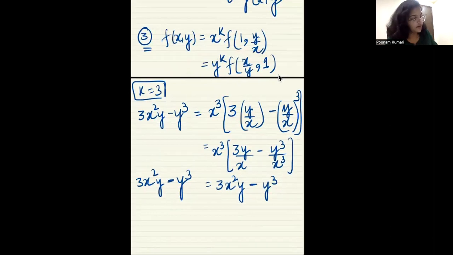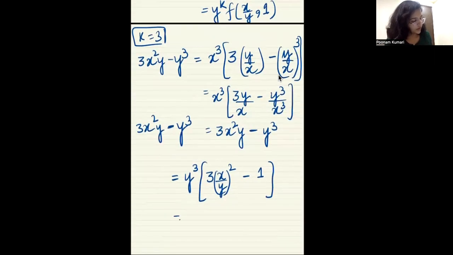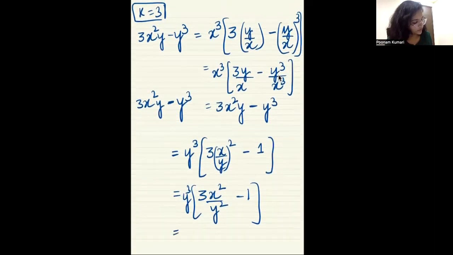This should also be equal to y raised to the power 3, and in place of x I need to write x by y. So my function is 3 times x by y squared, y is 1, minus y cube, which is 3x squared divided by y squared minus 1 times y cube. So this equals 3x squared y minus y cube. All these three values are the same. Yes?